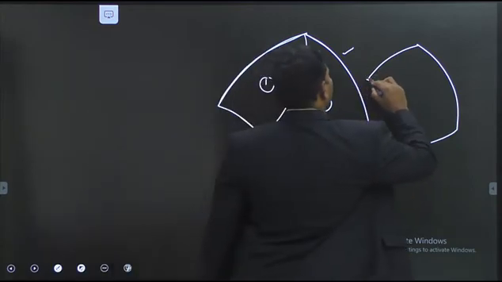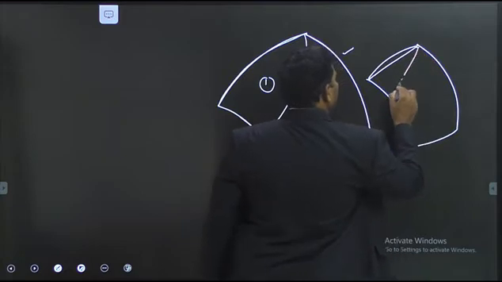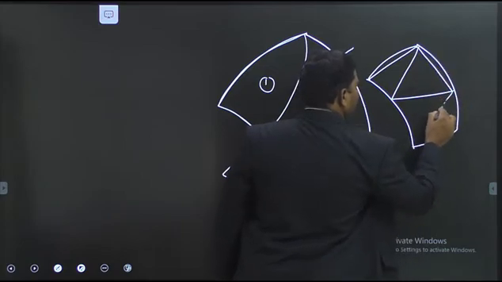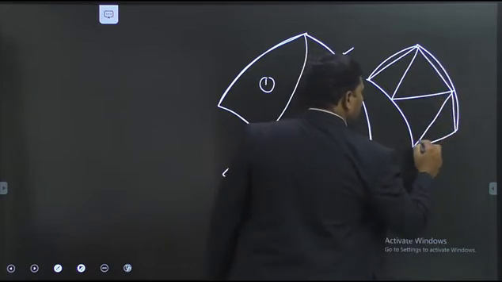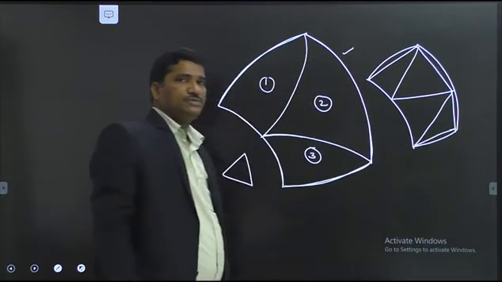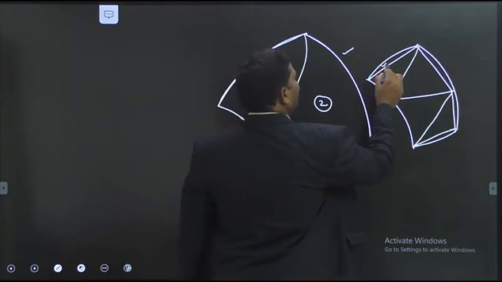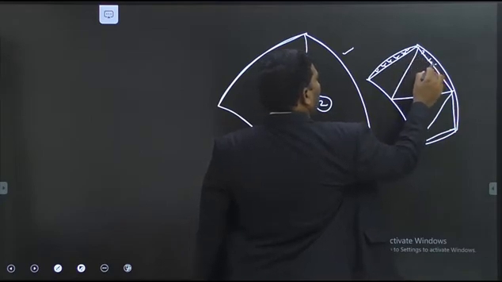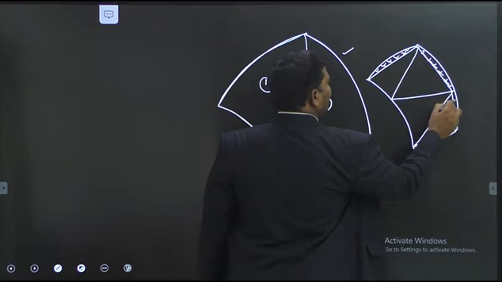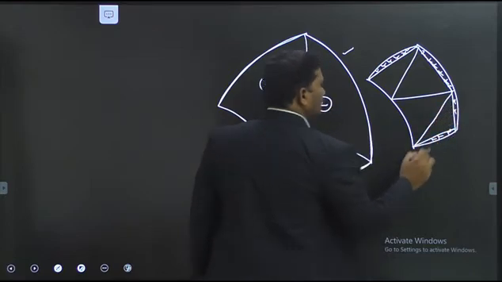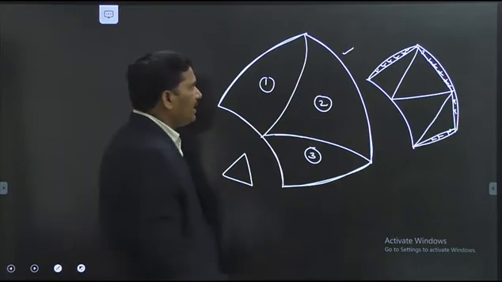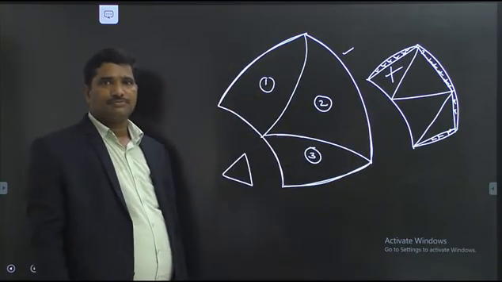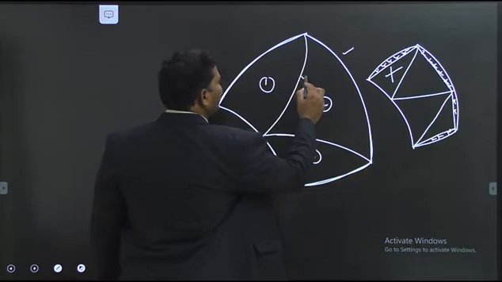When I discretize this with triangles having straight sides like this, then what happens? There is some unfilled region between the boundary of the domain and the boundary sides of the triangles. Observe carefully. This is the reason why a triangle with straight sides is not the right choice. A triangle with curved sides is the right choice.